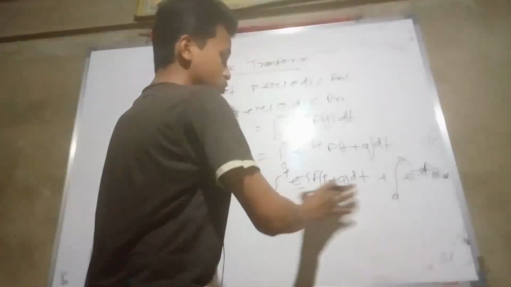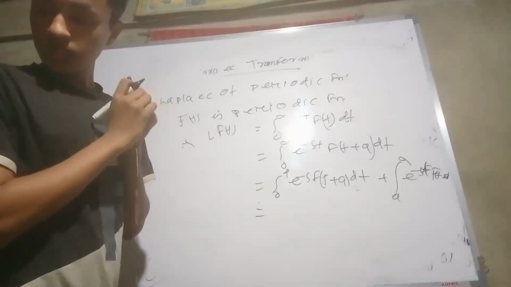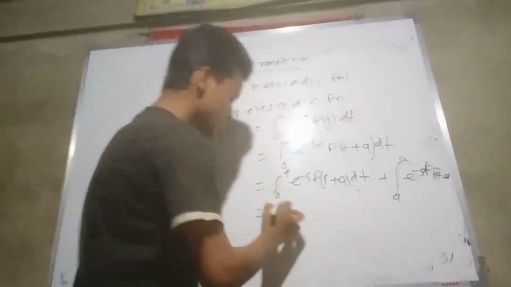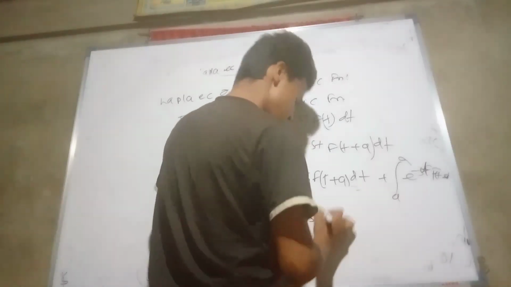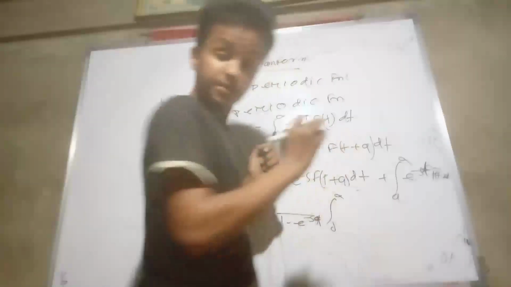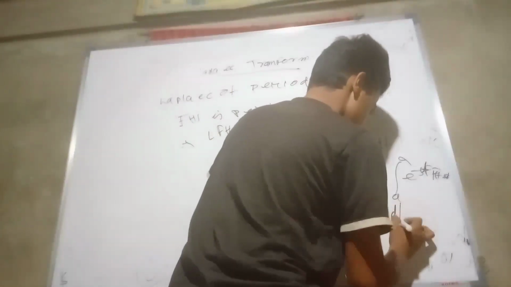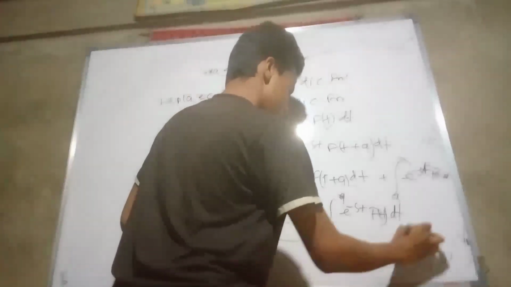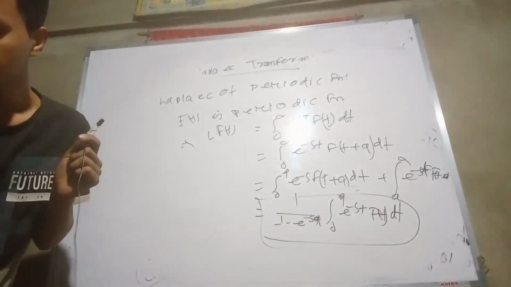When we find the value of this, you will get 1 over (1 - e^(-sa)) times the integral from 0 to a of e^(-st) f(t) dt. So that is the Laplace transform of a periodic function.